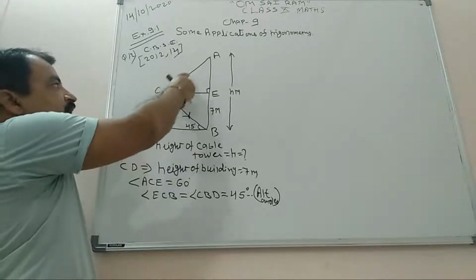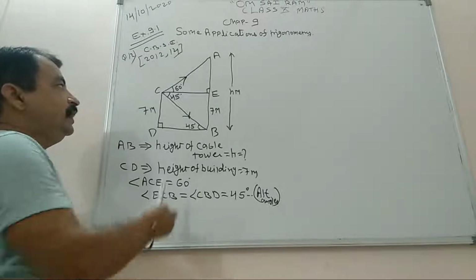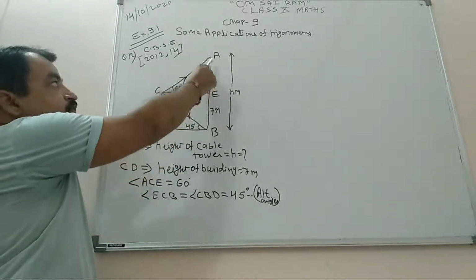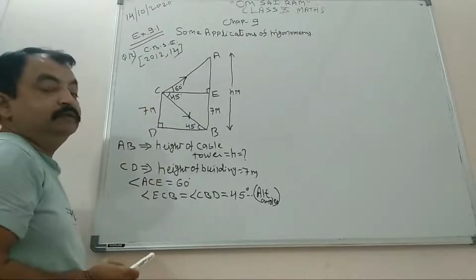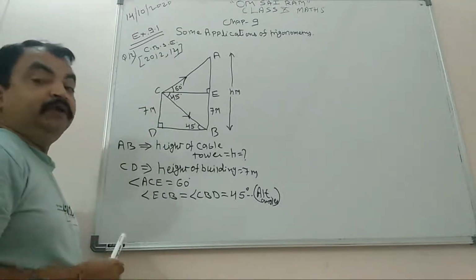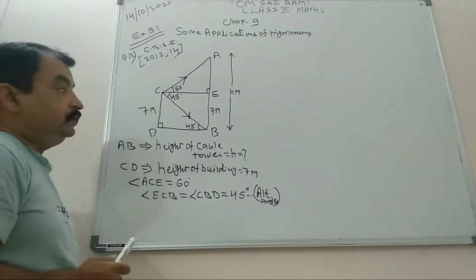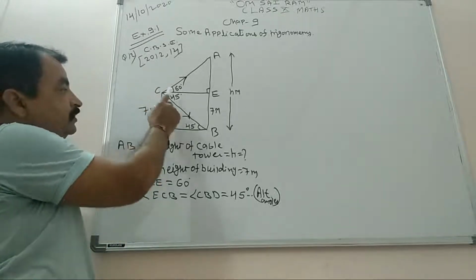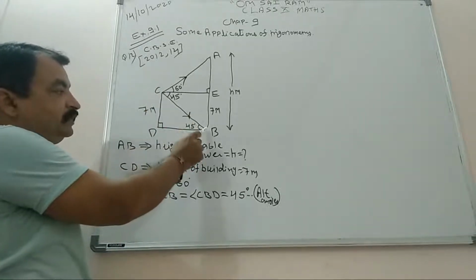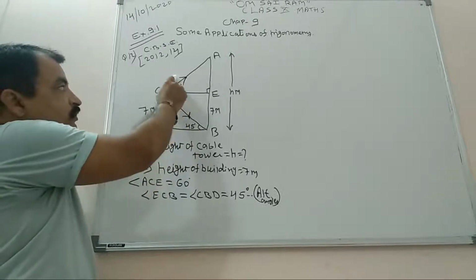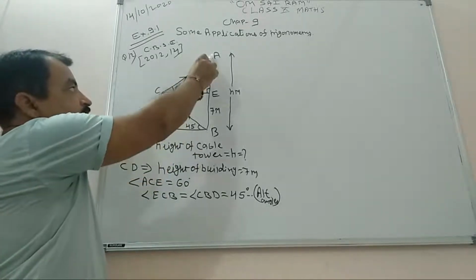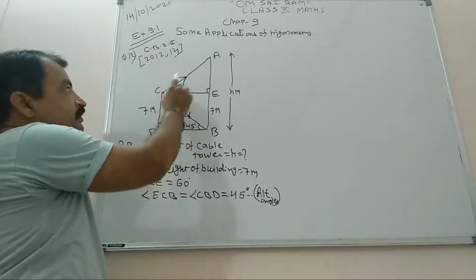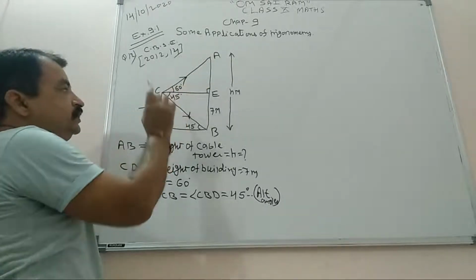So it elevates 60 degrees, that is, the angle of elevation is 60 degrees. And from the same point, the top of the building, when he observes the base of the cable tower, that is at point B, I have shown the arrow, children. See, this is the elevation, the arrow goes from C to A. It elevates 60 degrees.